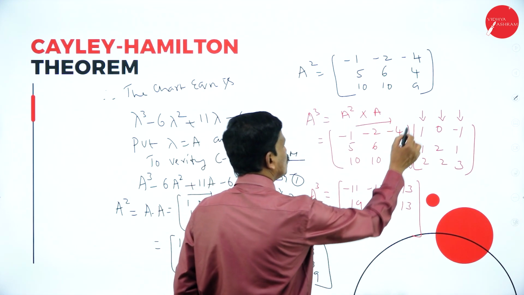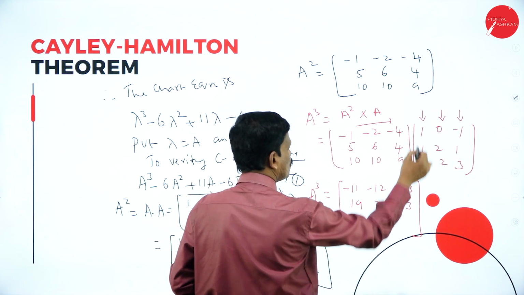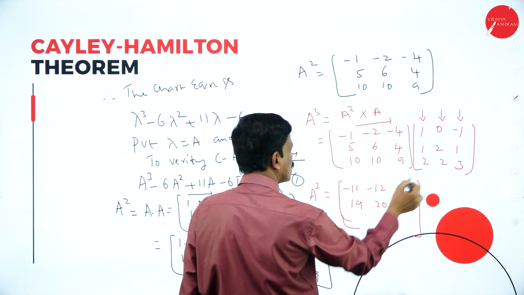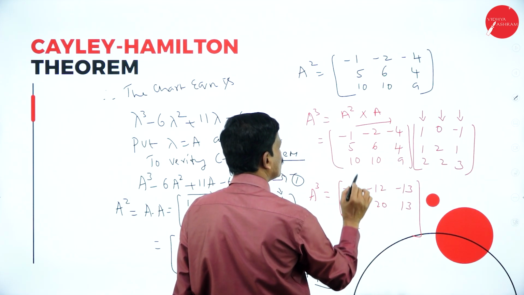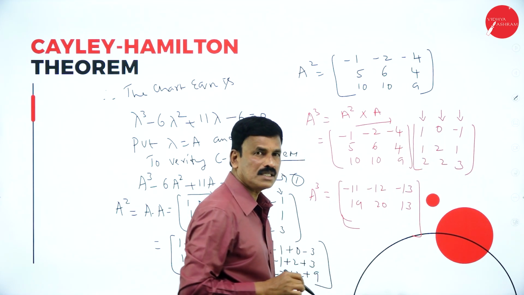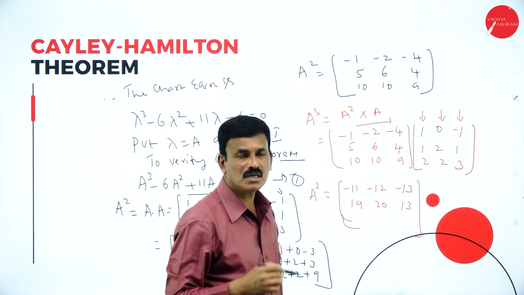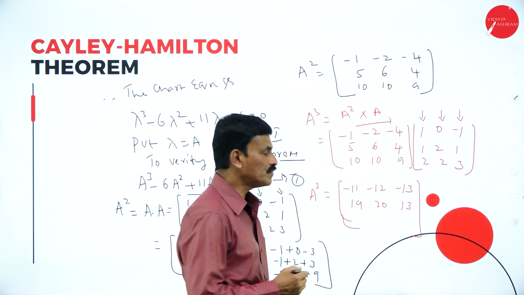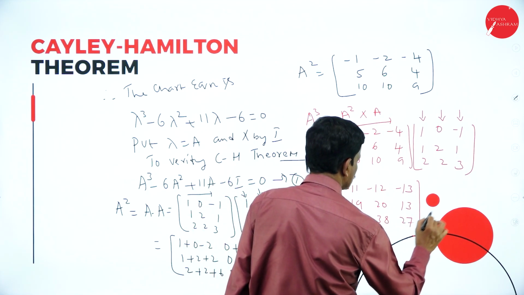Same way, second row, first column, second column and third column. If we simplify, first row: minus 11, minus 12, minus 13. Second row: 19, 20, 13. Similarly, third row, first column, second column, third column. What is the answer we are going to get? If you simplify, you are going to get 38, 38 and 27.